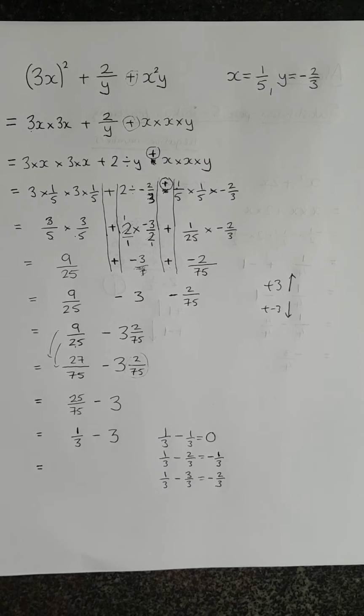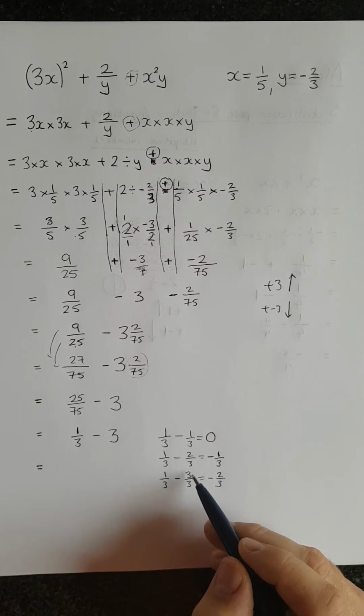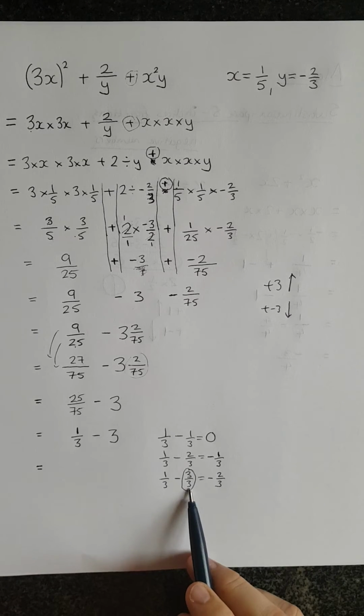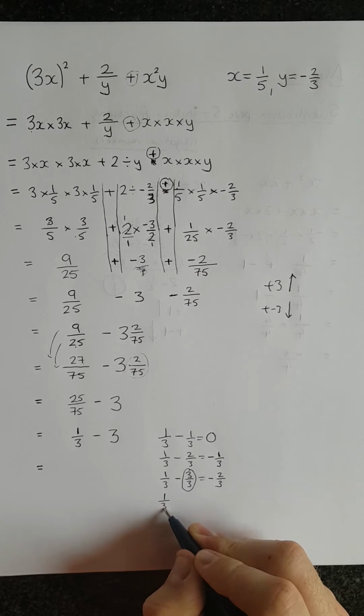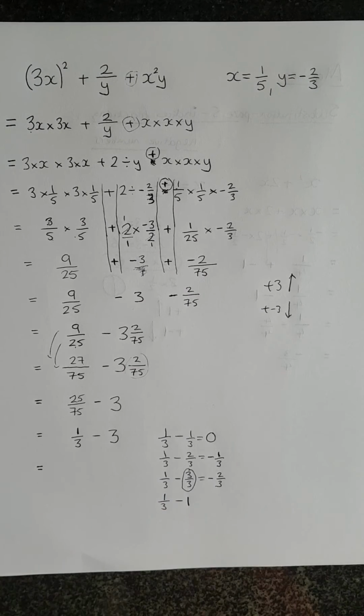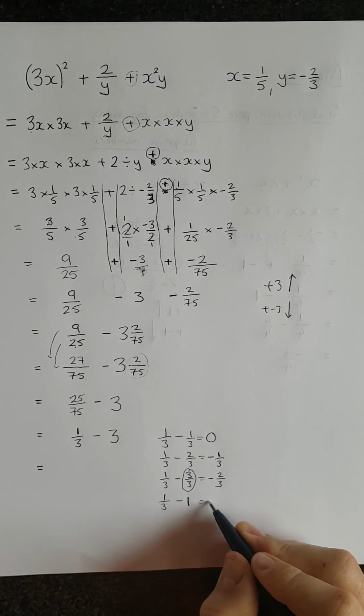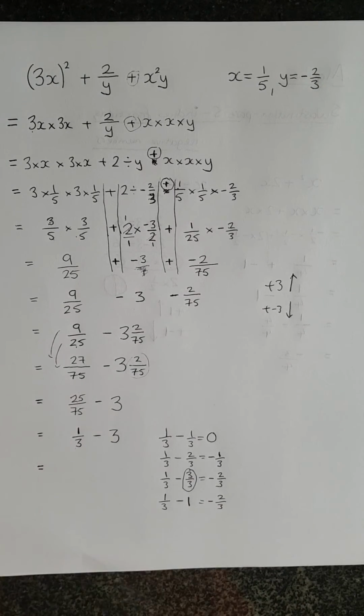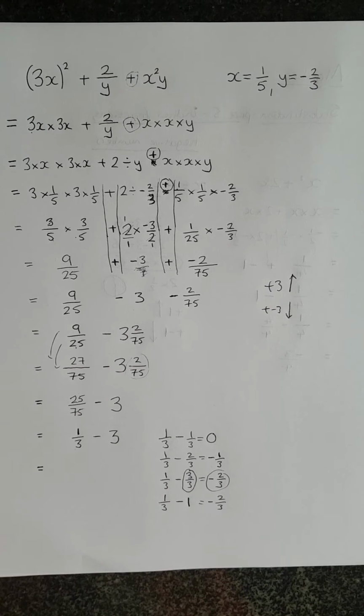How can you use that to help you see the answer? What does this have the value of? That is the same as 1. So a third take away 1 would be minus 2/3.